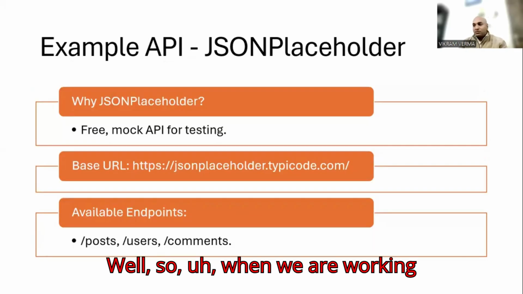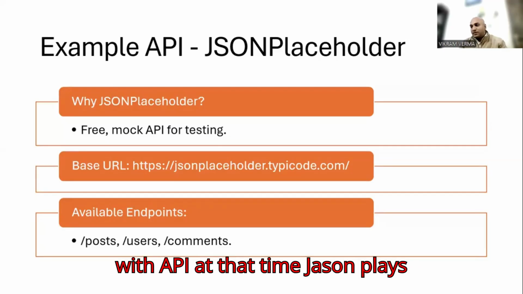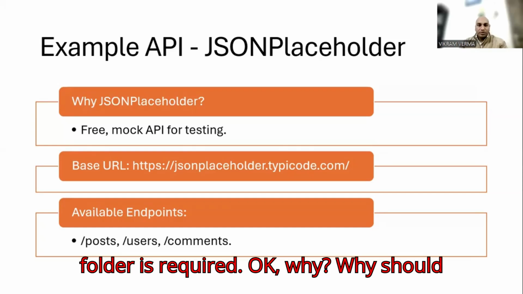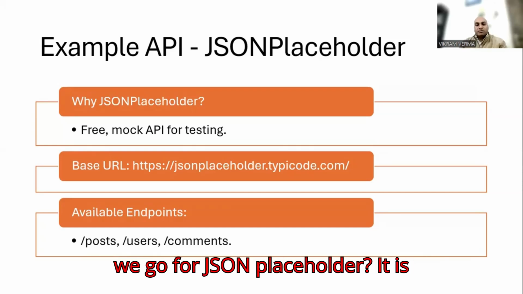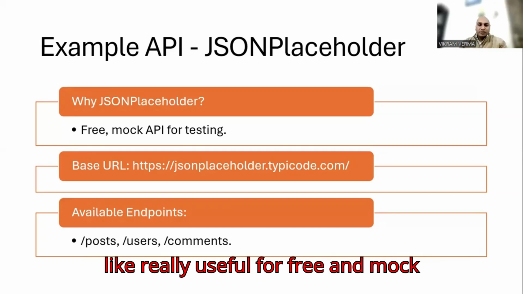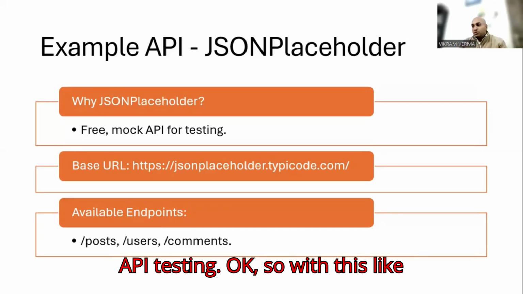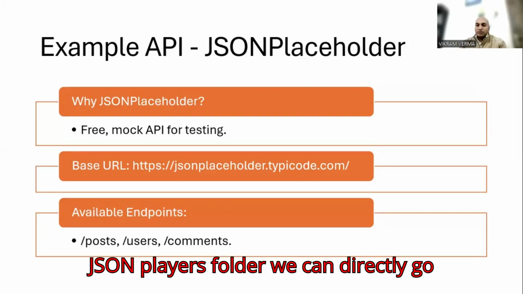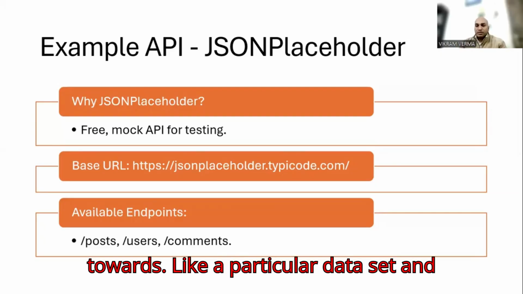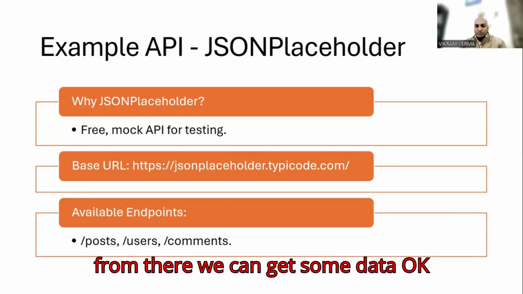So when we are working with API, at that time JSON placeholder is required. Why should we go for JSON placeholder? It is really useful for free and mock API testing. With JSON placeholder, we can directly go towards a particular data set, and from there we can get some data.